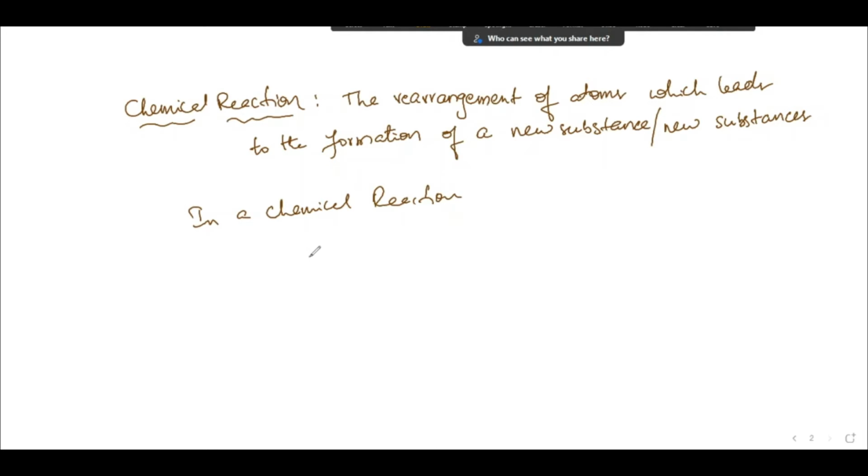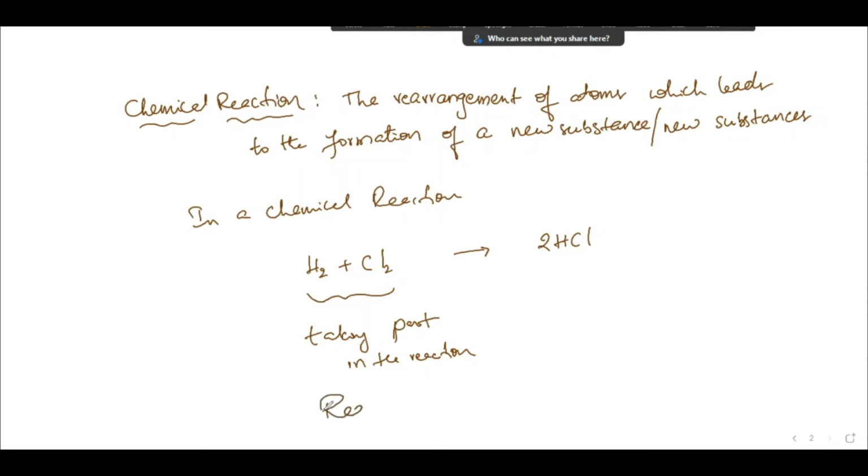In a chemical reaction, for example, the previous one, H2 plus Cl2 will give you 2 HCl. In this, the substance which you are taking, the starting material, or the substance which is taking part in the chemical reaction, these two are taking part in the reaction. These two substances which are taking part in the reaction are called reactants.